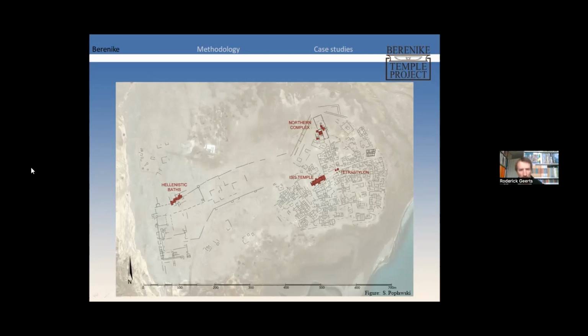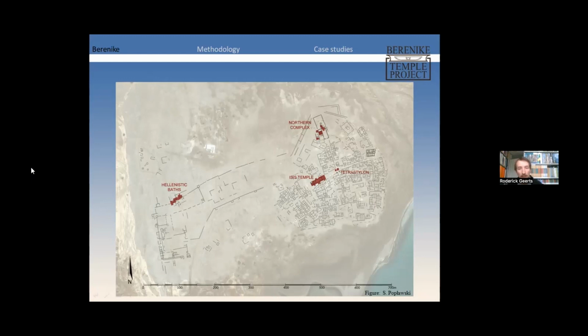As a short introduction on the context that I'll be discussing later on, the temple was probably partially built in the Ptolemaic period, but in the early Roman period under the reign of Emperor Tiberius, it was rebuilt, redecorated, reinstated. It has been in use until sometime in the mid-3rd to 4th century.